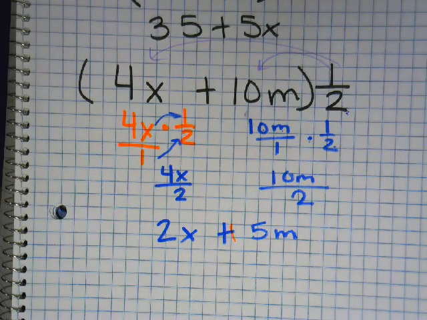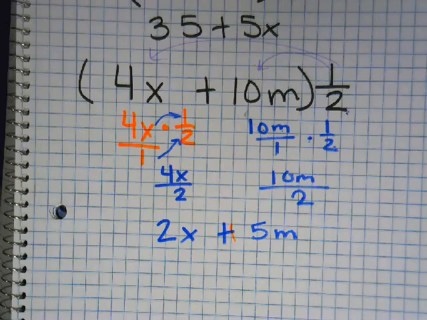It's totally different if your numerator is not 1, but in 7th grade, we keep all your numerators as 1. So instead of multiplying, you divide it because it's a fraction. So 4 divided by 2, 10 divided by 2, that's it.